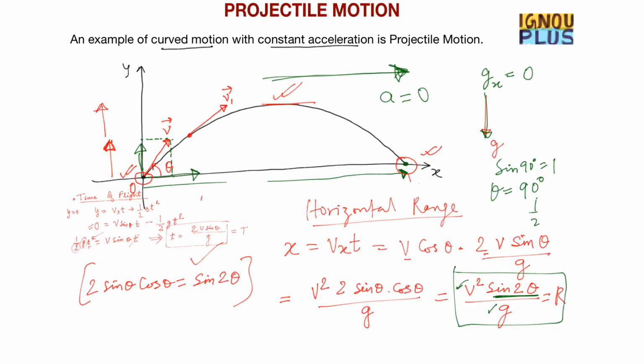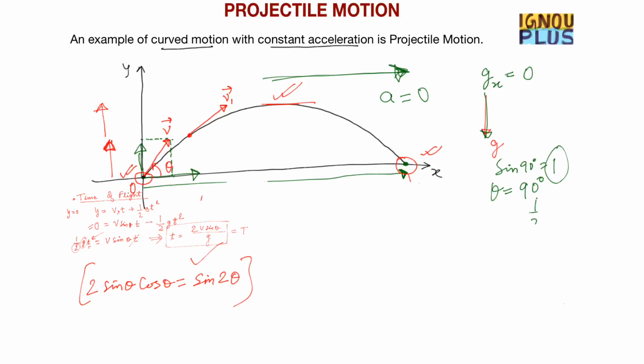Okay, so the maximum value is when sine is 90 degrees. So sin 2 theta should be sin 90 degrees to give the maximum value. So that's why theta is 45 degrees. So when you throw any object at an angle of 45 degrees, it reaches the maximum distance. It goes the farthest.